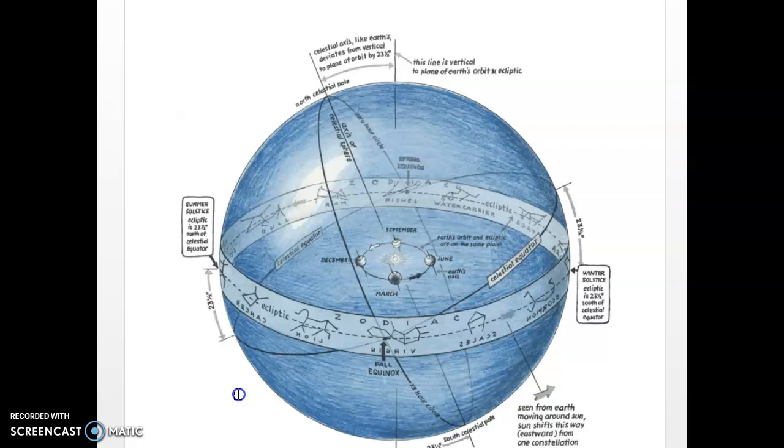We all know that the celestial equator is 23.5 degrees tilted from the Galgal Mazalas.